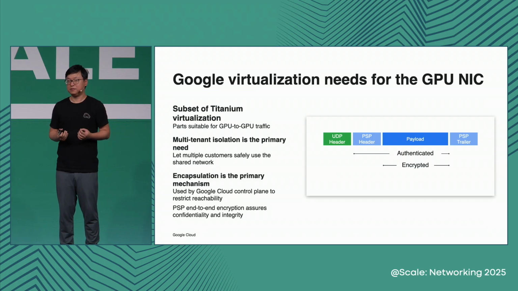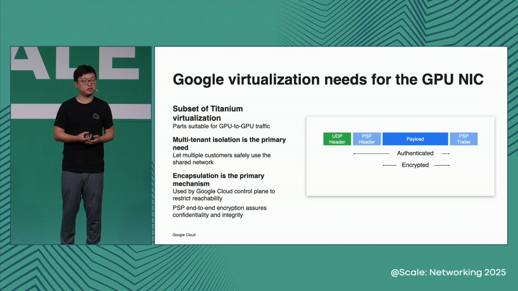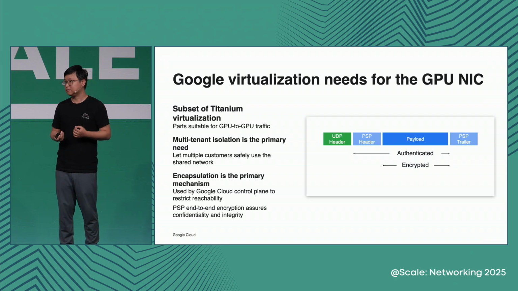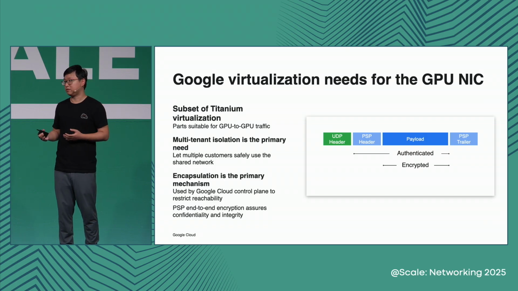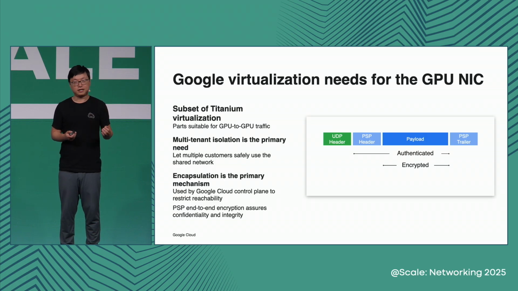And the main mechanism that we use to provide this isolation is through encapsulation. And at Google, we choose the PSP security protocol, which is open technology, to do this encapsulation and encryption, which assures confidentiality and integrity for all the data that travels through this GPU network.